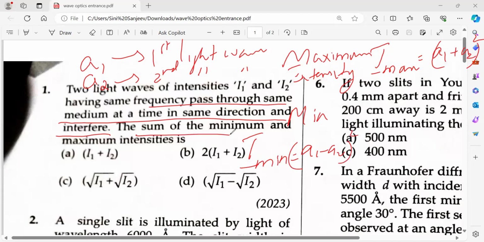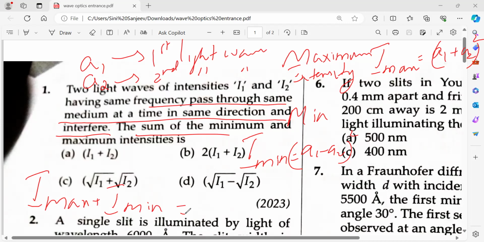Now I have to find the sum of minimum and maximum. In the sense, I have to add I max plus I min. So this is all whole square.